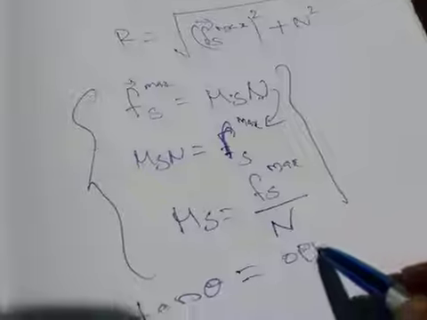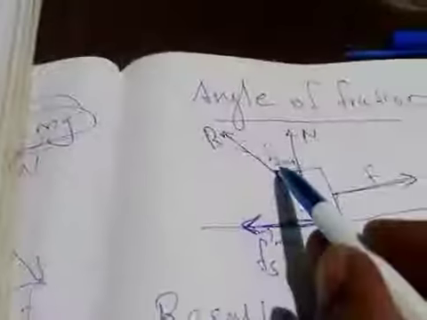Now you can take tan theta. We know that tan theta is equal to opposite side by adjacent side. So tan theta is equal to what is opposite side? Fs maximum divided by adjacent side.